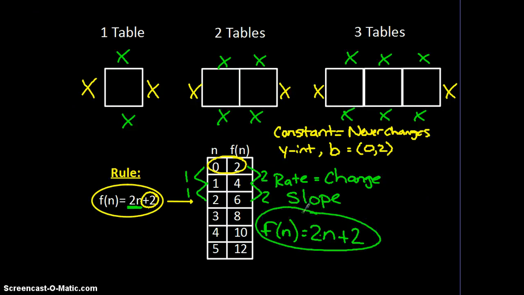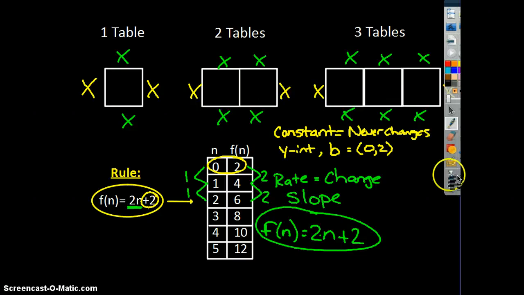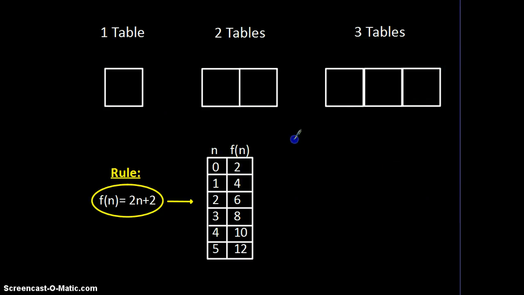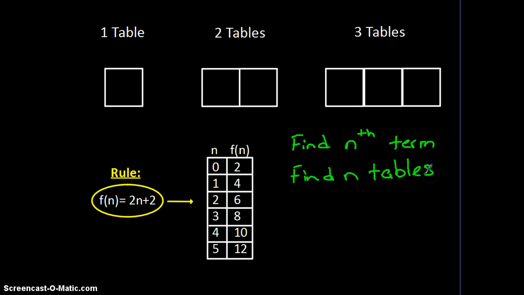Now, there are many times when we have a function up here in which you will be asked to find something. Typically, they call it one of two things. Find the nth term and find n, in this case it was n tables, find n people. Those are two separate ways to say one thing.